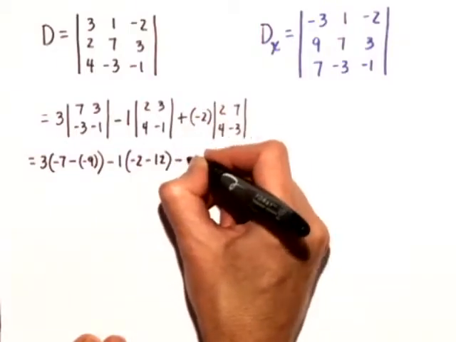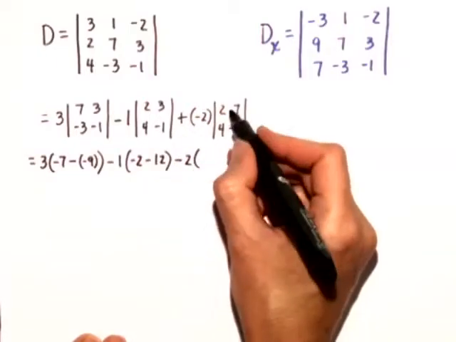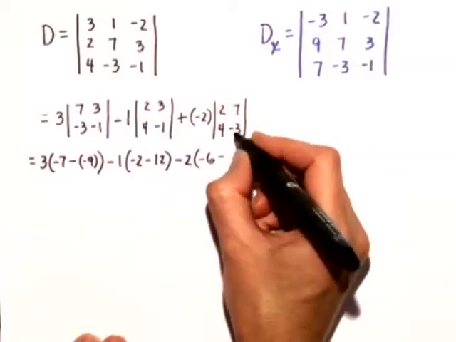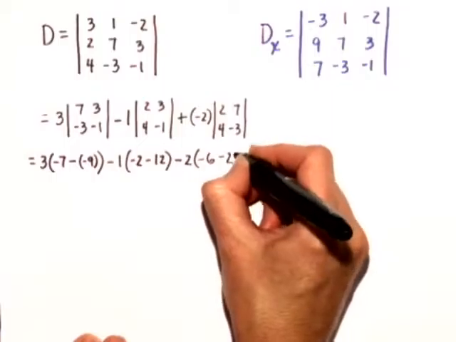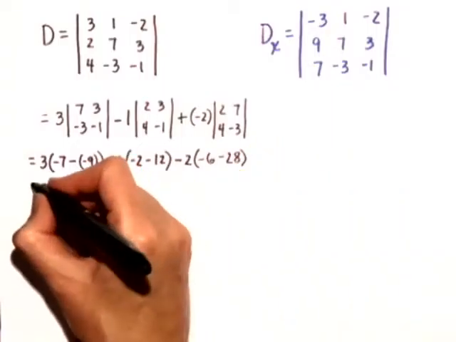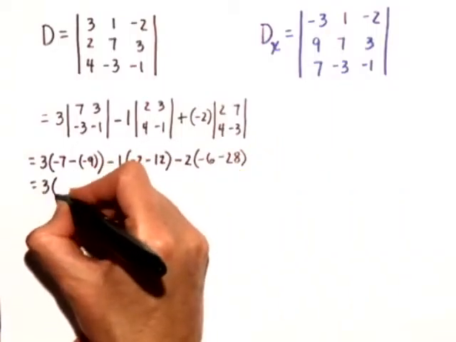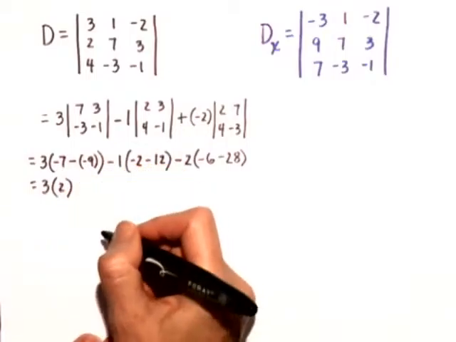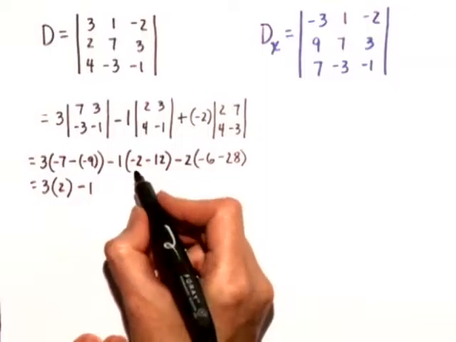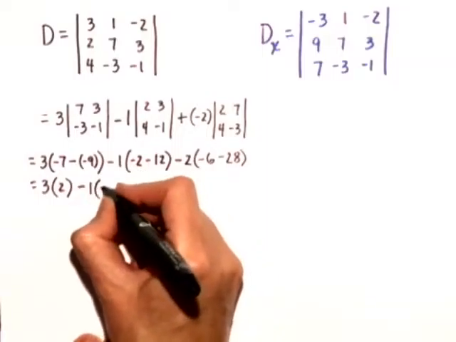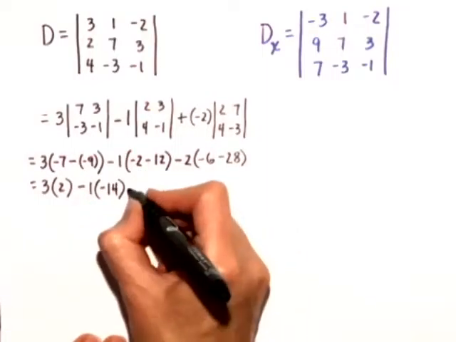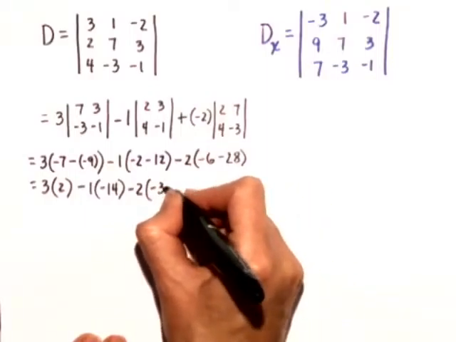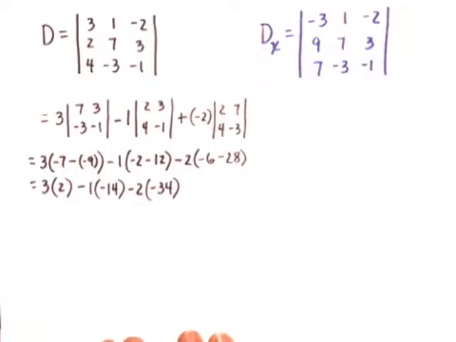Plus negative 2 becomes minus 2 times the quantity 2 times negative 3 is negative 6, minus 4 times 7 is 28, which equals 3 times negative 7, that becomes plus 9, which is 2, minus 1 times negative 2 minus 12 is negative 14, minus 2 times negative 6 minus 28 is just negative 34.